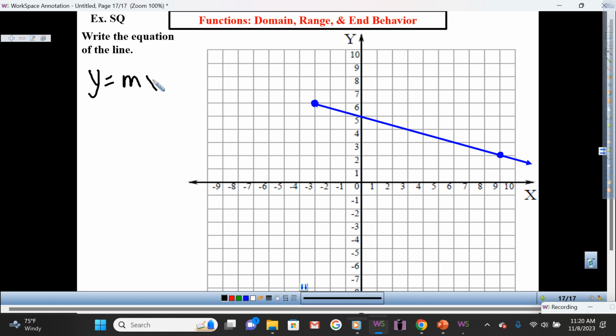Y equals mx plus b. All right. So, f of x equals blank x blank. Tell your neighbor what to write here and what to write there. See if they have it.